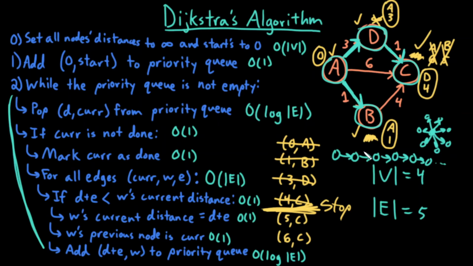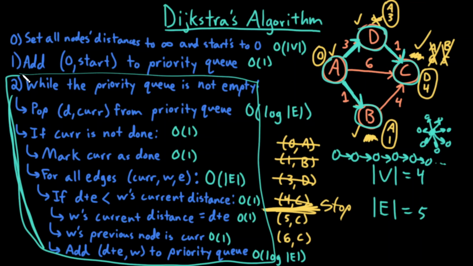Therefore, the overall time complexity of this entire step 2 with everything encompassed in it is just the time complexity of adding big O of E edges to a priority queue and then removing big O of E edges from a priority queue, which is just big O of E times log E. So big O of V to prepare, and then big O of E log E to actually do my traversal.